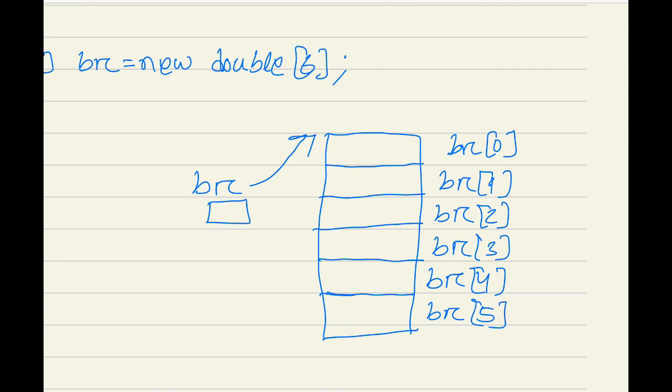So always the index starts from 0 and the maximum index is size minus 1. So here size is 6, so maximum index is 6 minus 1, that is 5. So if the array is of size n, then the maximum index is n minus 1 and the starting index is 0 always.